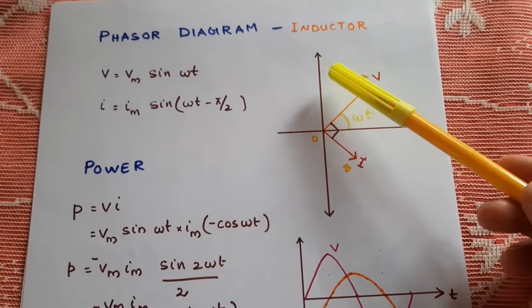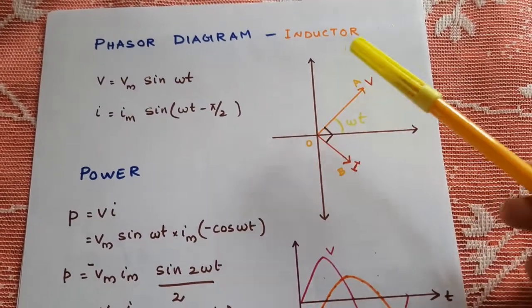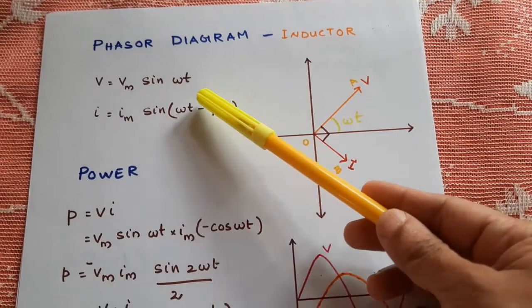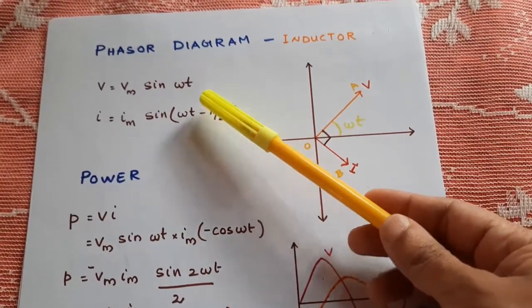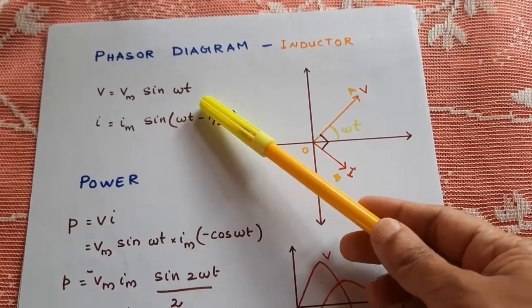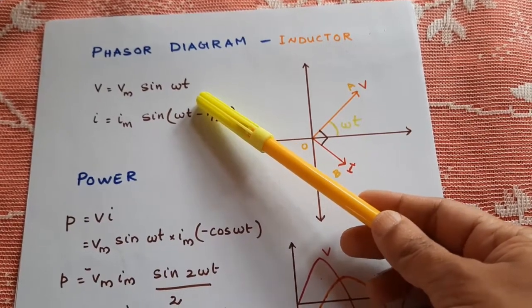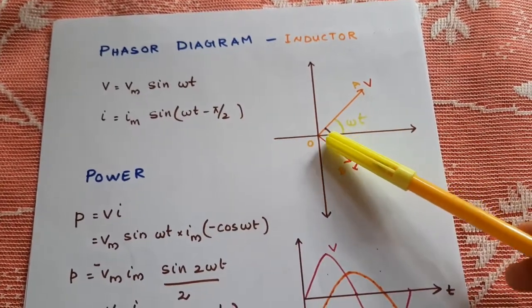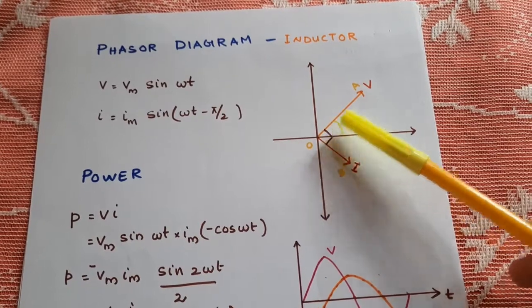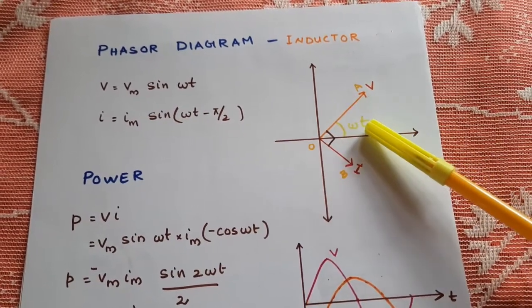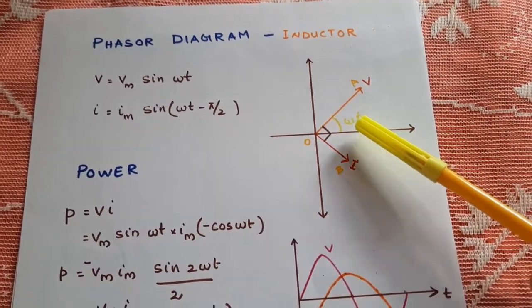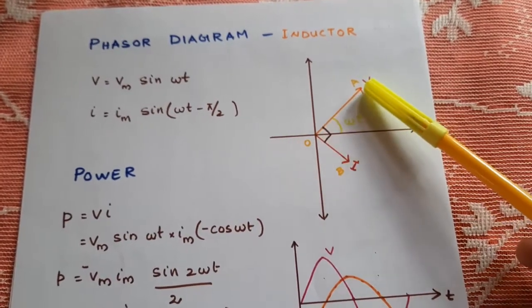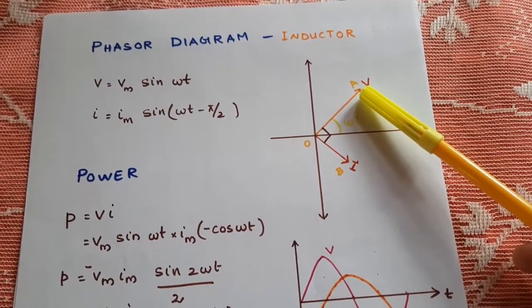Now let us draw the phasor diagram. For an inductor, voltage is given by V is equal to Vm sin omega t. So let us draw the voltage phasor as OA with a phase value omega t. And the length of the vector is amplitude Vm.